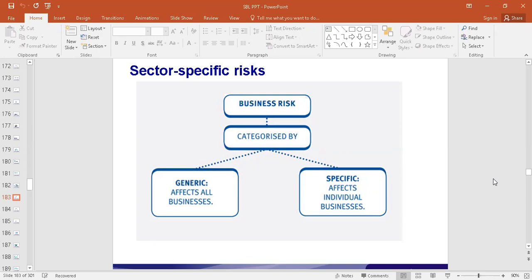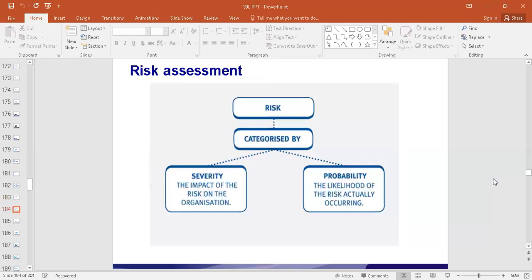If there is non-availability of that material, only that one type of industry and the businesses in that industry will get affected. Specific. So some risks can affect all the businesses. A change in the tax rate can affect all the businesses across the economy. Those are called generic risk. Specific to a specific type of business or industry, we call them specific risk.